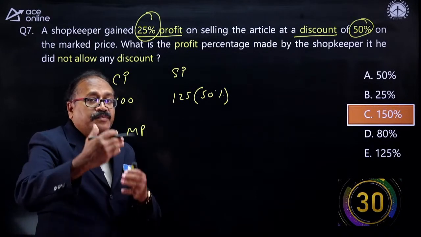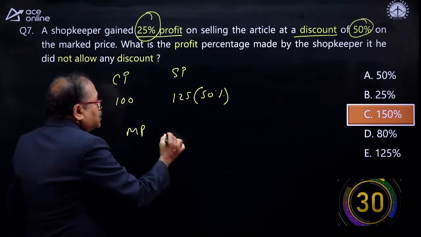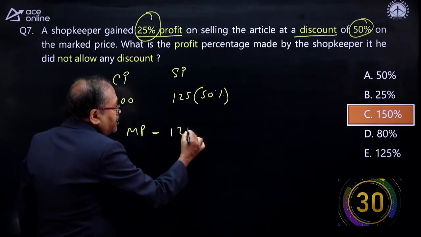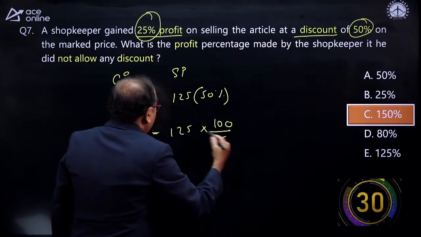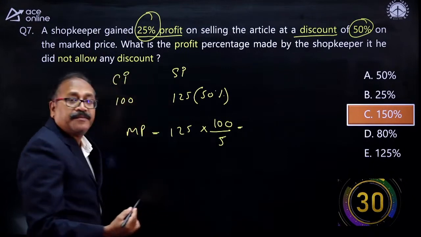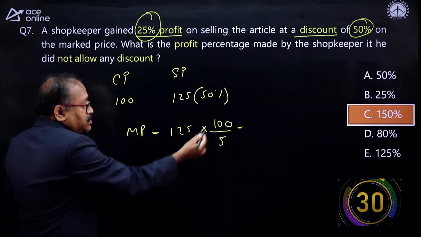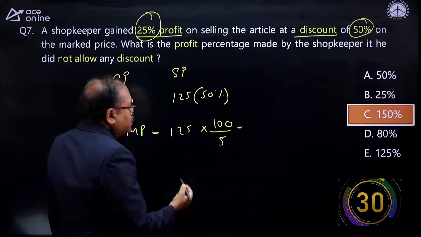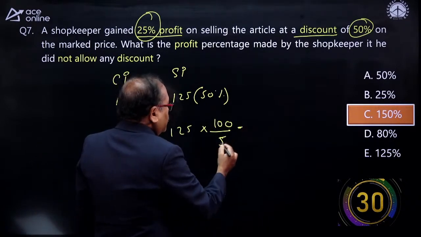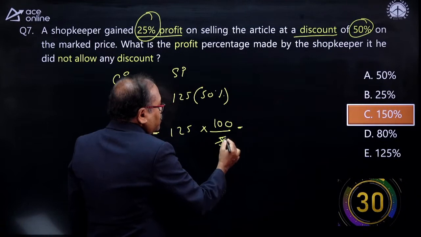So to make the mark price 100%, it is 125 into 100 by 50. So your mark price will be how much? With 50, when I multiply 125, this is 50, so 2 times.